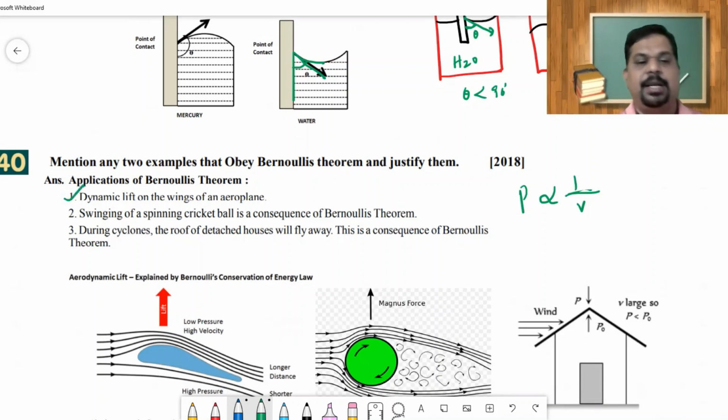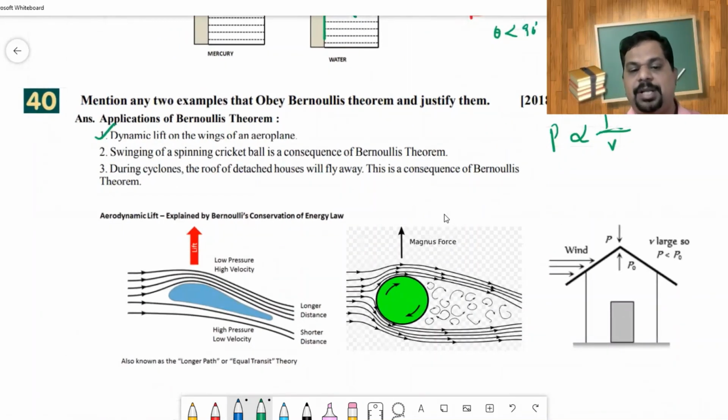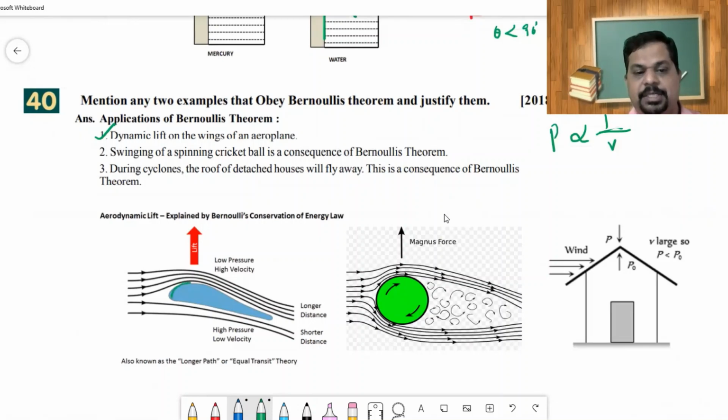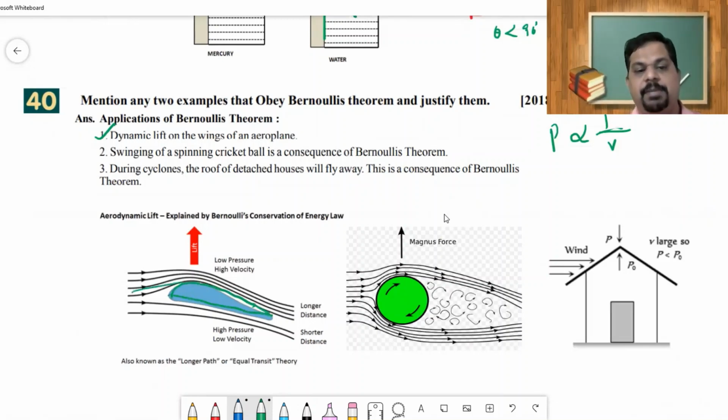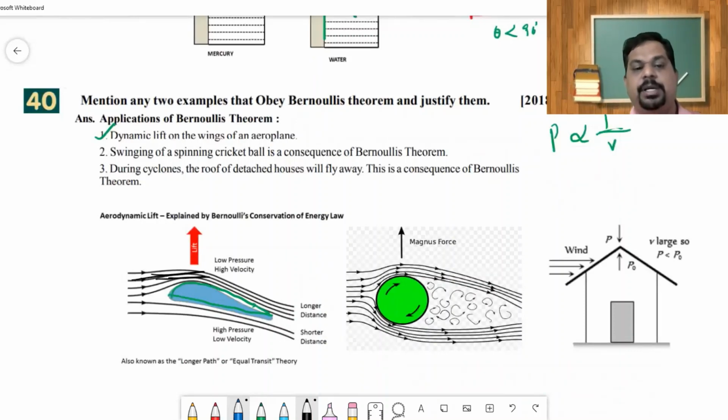First one is dynamic lift on the wings of an aeroplane. If you look at this aeroplane wing, it is not completely flat, it is curved. Why is it curved? So that the streamlines on the upper surface will be very near to each other, and since they are close, they are moving with high velocity.